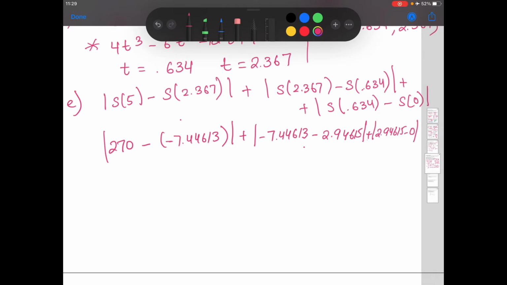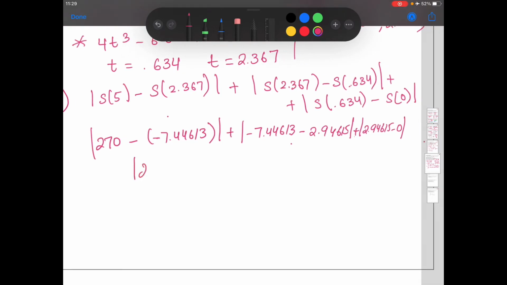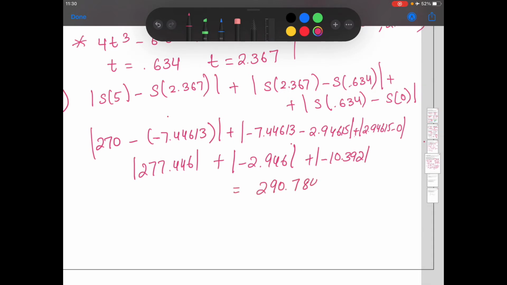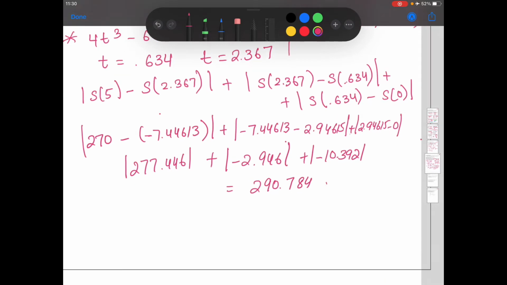So when I add these up, I get 277.446 plus negative 2.946 plus negative 10.392. Absolute value, remember, is positive, so if you add up those numbers, it's 290 point. Again, you are rounding to 3 decimal places in this class. So that is your total distance traveled, inches.